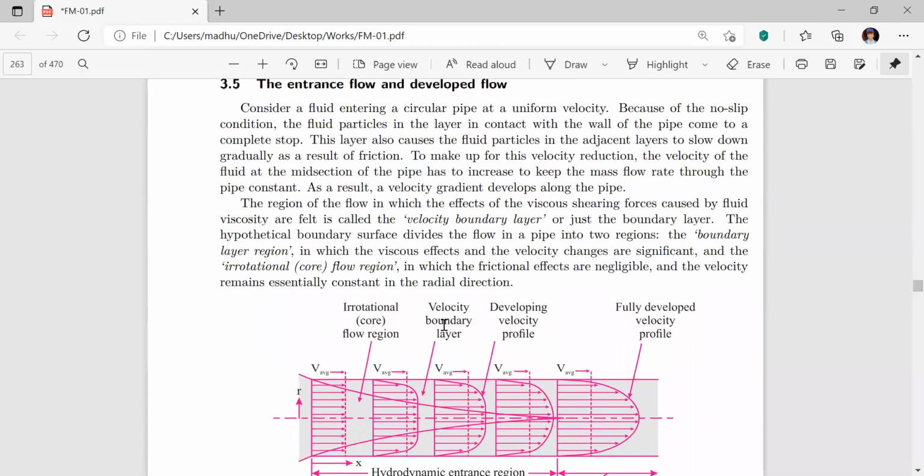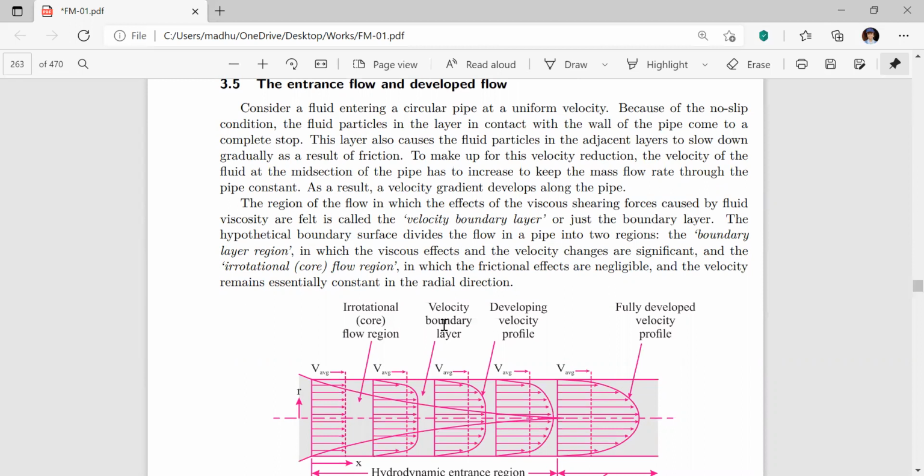Now, we shall discuss the entrance flow and the developed flow. Consider a circular pipe as shown in the figure below, with the no-slip condition: the fluid particles in the layer in contact with the wall of the pipe come to a complete stop.